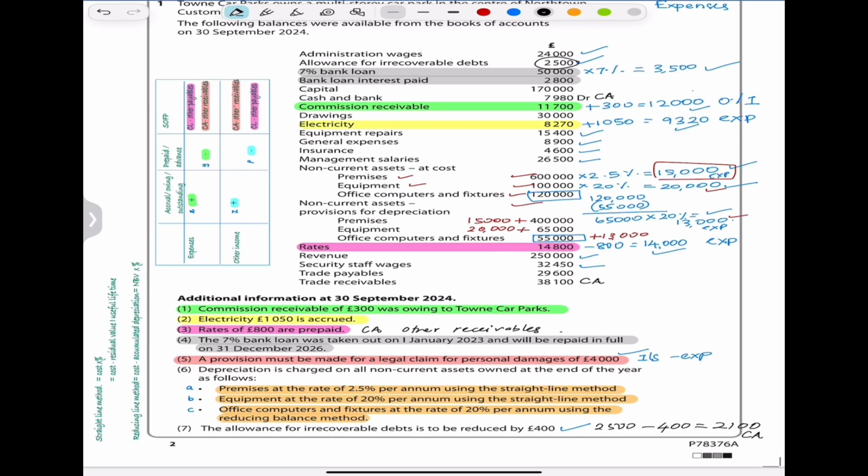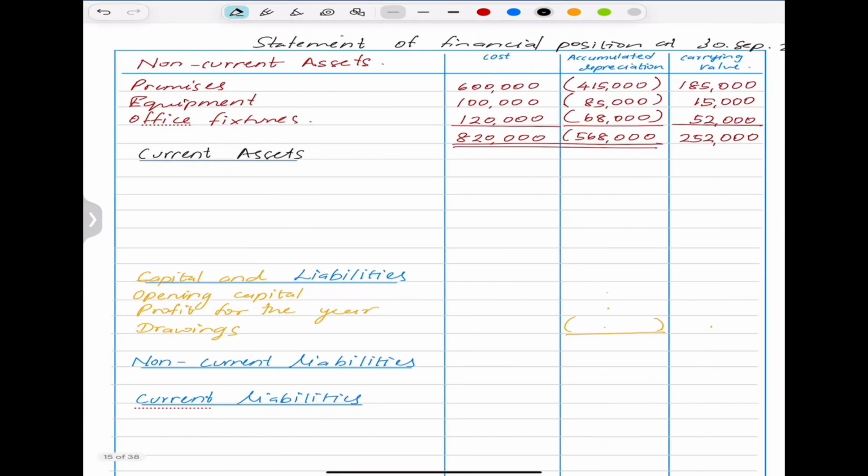So let's enter based on liquidity. You have trade receivables first. Let's enter trade receivables. No closing inventory because it's a service business. Trade receivables 38,100.